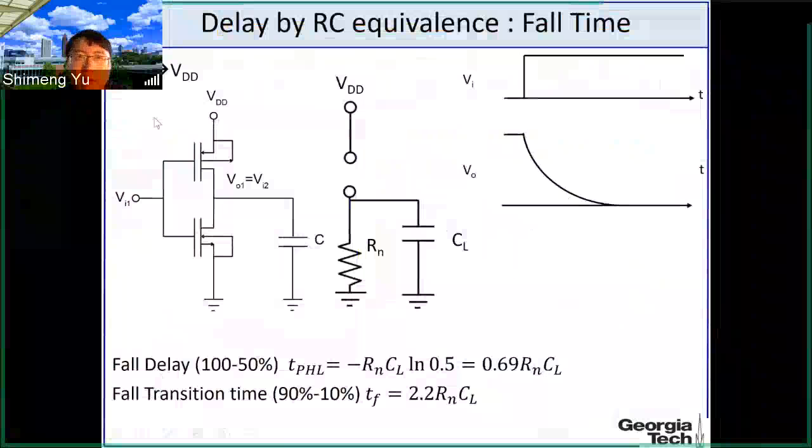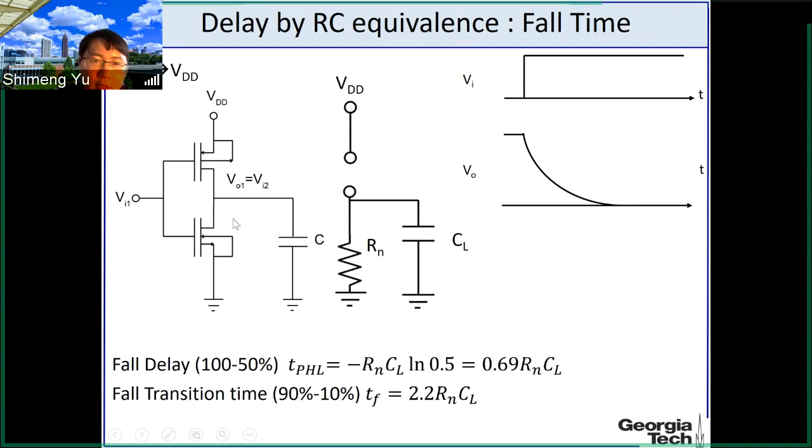Okay, then the same approach applies to the NMOS. When we consider the TPHL, high to low transition, the NMOS is pulling down, the PMOS is off. So we have this RC circuit for the NMOS, and we can use the same approach.